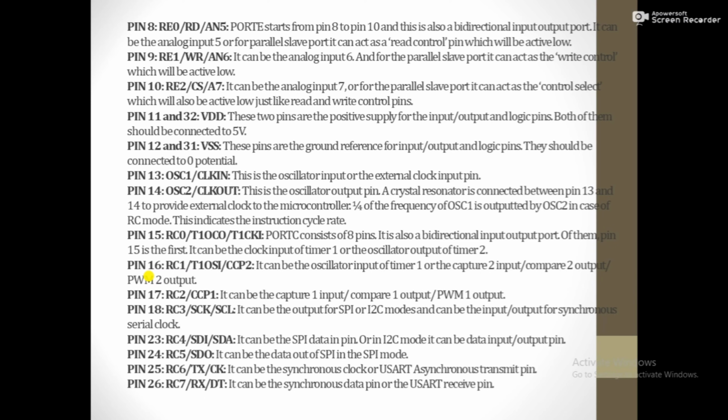Pin 23 is RC4, and it can be SPI data in. And pin RC5 can be data out of SPI in the SPI mode. RC6 can be the synchronous clock or USART asynchronous transmit pin. And RC7 can be the synchronous data pin or the USART receive pin.